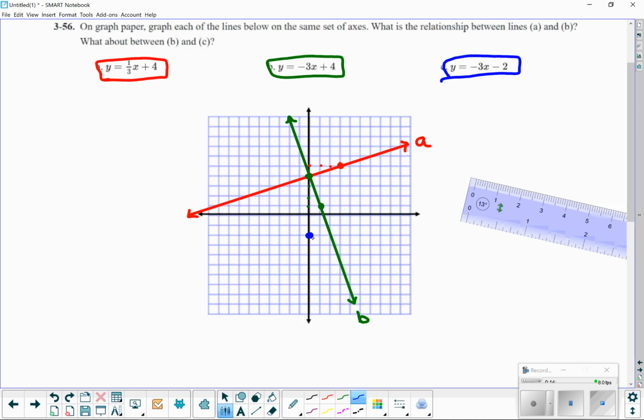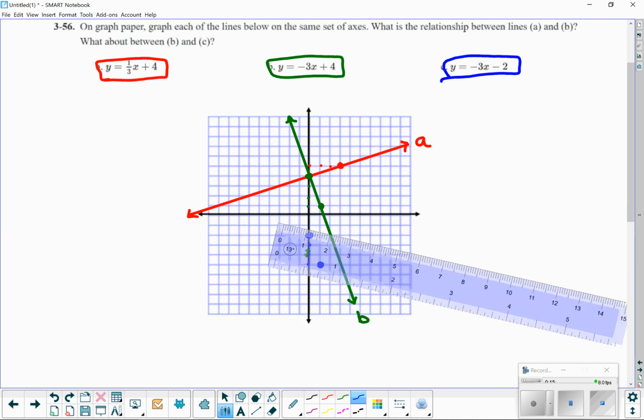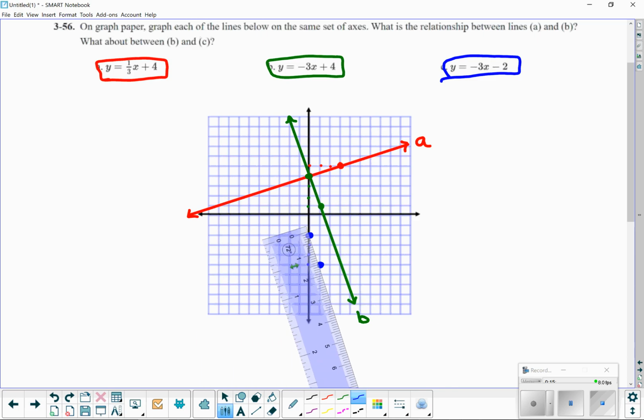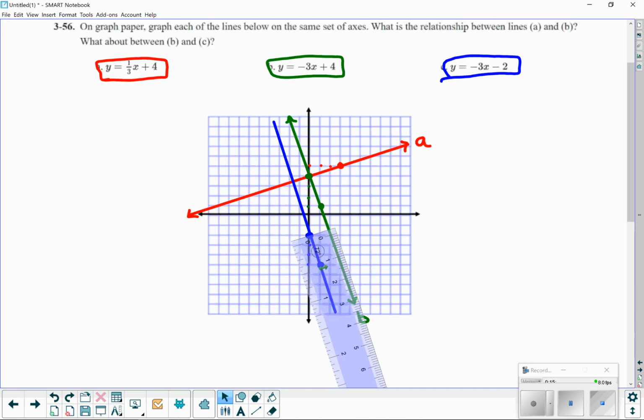So negative 2, down 3, 1, 2, 3, and then over 1. Okay, that's my blue line, and that right there is going to be my line C.